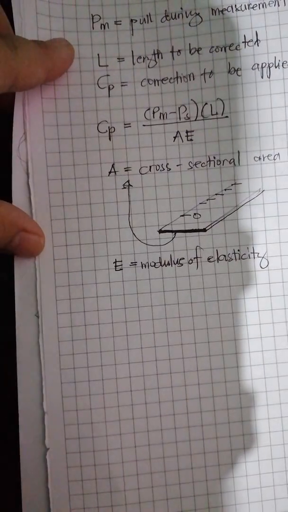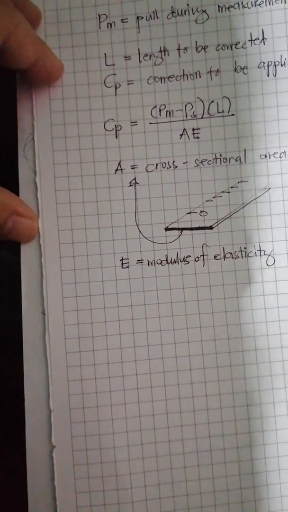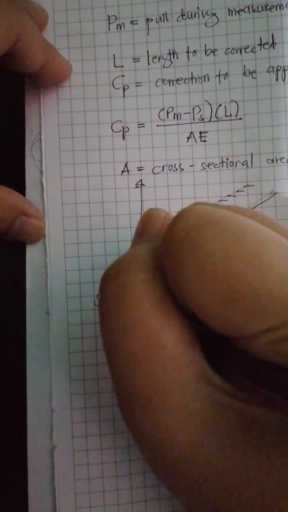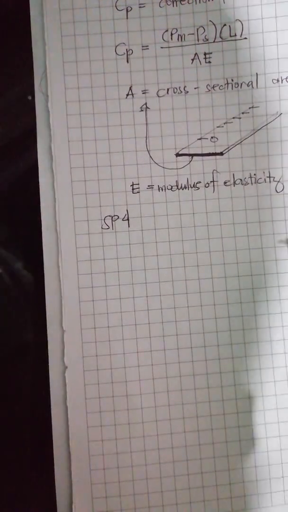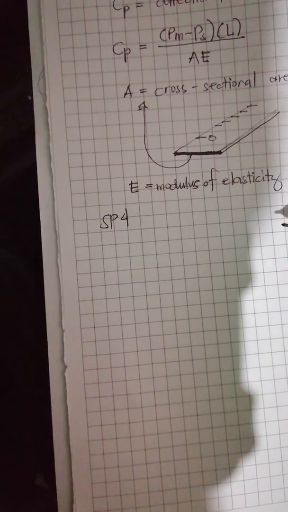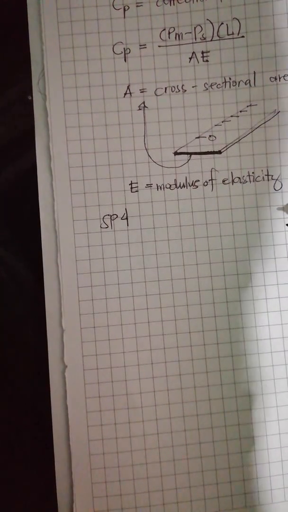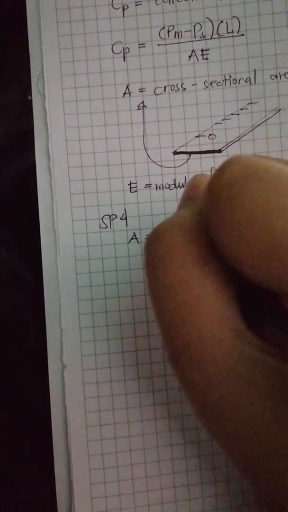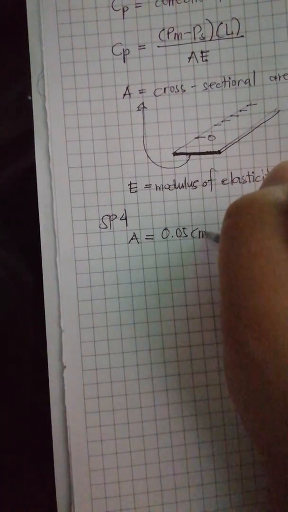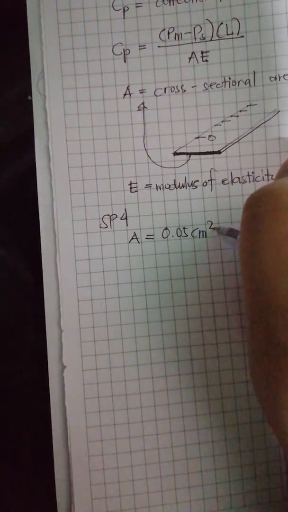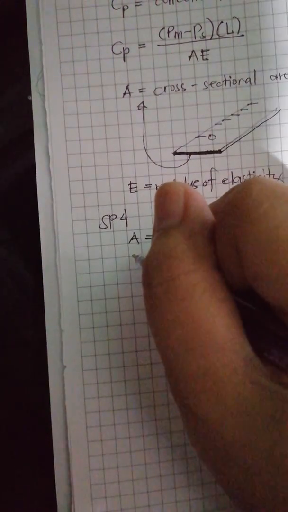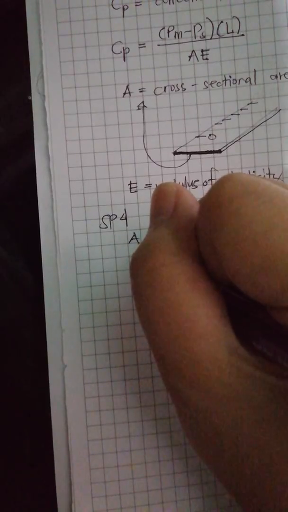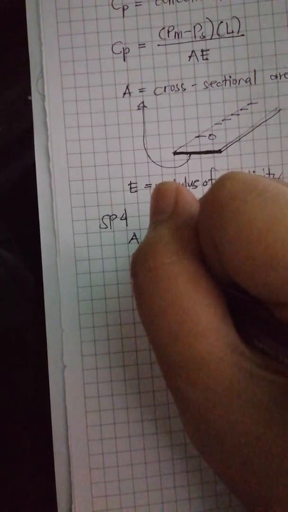Okay? So, next, we'll have a sample problem. We'll have SP4. This is the fourth sample problem. Okay, a heavy 50-meter tape having a cross-sectional area of 0.05 square meter has been standardized at a tension of 8 kilograms. So, tension, yun na yung pull. So, standard pull daw is 8 kilograms.